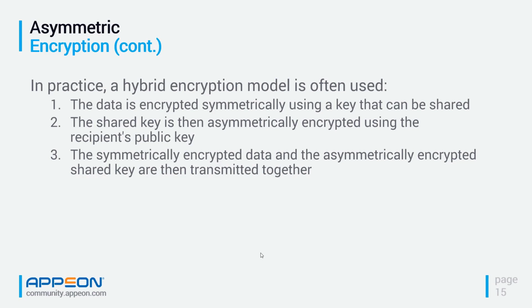The data is symmetrically encrypted, the key is asymmetrically encrypted. You transmit that. The recipient uses their private key to decrypt the symmetric key, and then uses the symmetric key to decrypt the data. Because the symmetric key was encrypted in transit, the data is more secure, and you can still do it very quickly because you're using symmetric encryption.